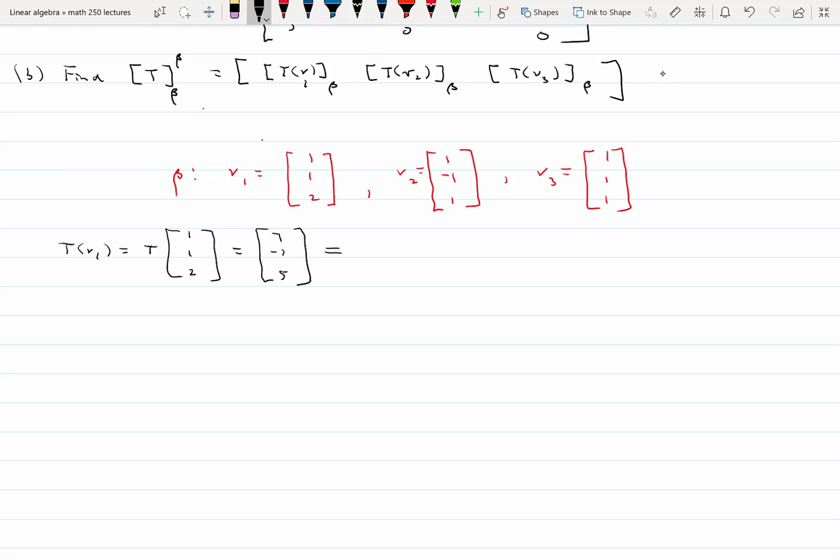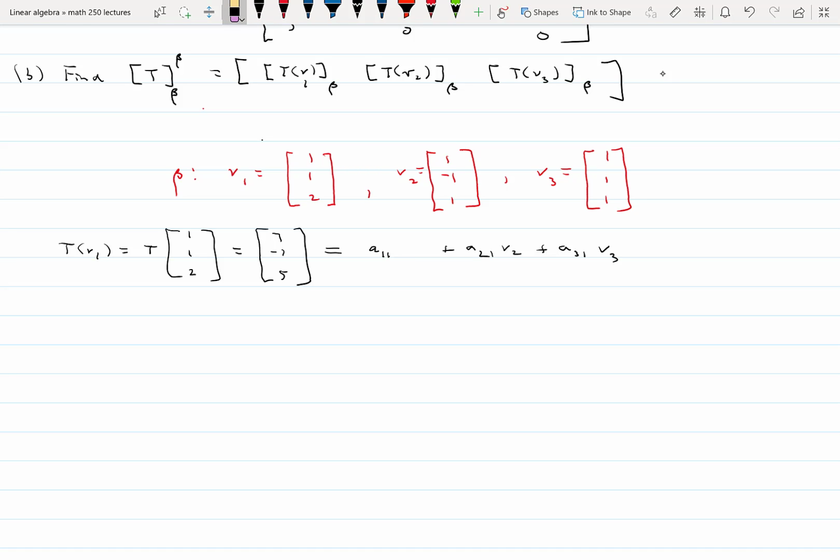So this is, in terms of the basis vectors from beta, A11 V1 plus A21 V2 plus A31 V3. Okay, well, I'm going to take V1, V2, and V3 out of there and put their actual values.